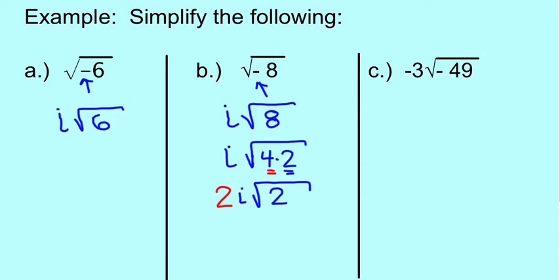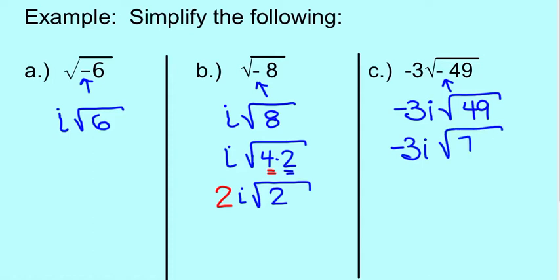Third example. Again, you have a negative, so I'm going to pull that out in front, -3. I'm going to replace that negative underneath the radical with an i out in front. And now think about breaking down 49. 49 is a perfect square, 7 times 7.